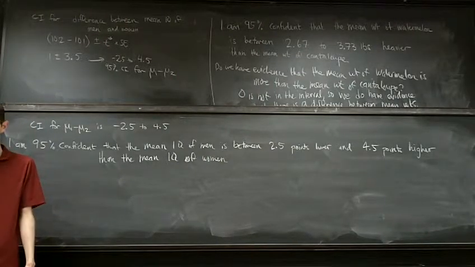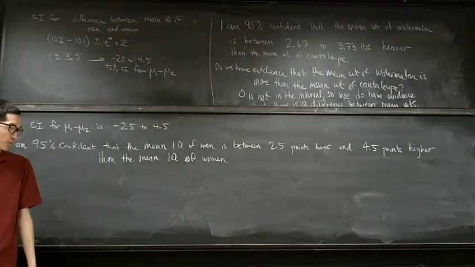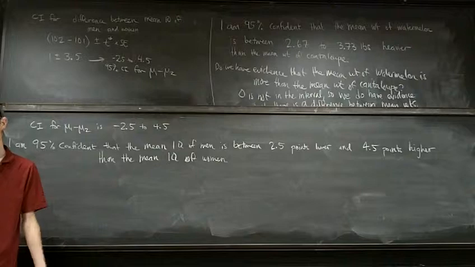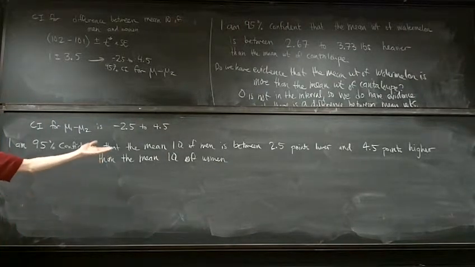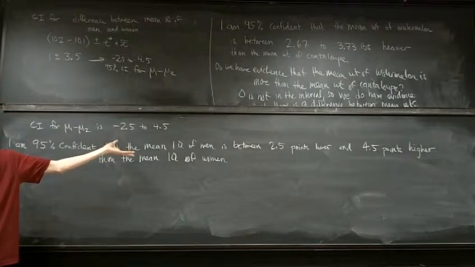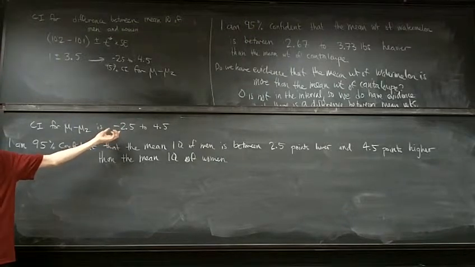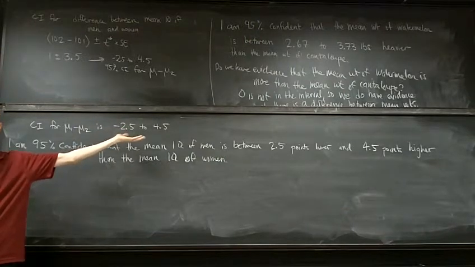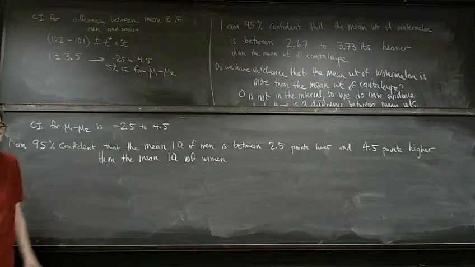So do we have evidence that the mean IQ is even different? No. Because here it's very possible that there is no difference between the mean IQ of men and women, because 0 is a plausible value, since the interval goes between negative 2.5 and positive 4.5.